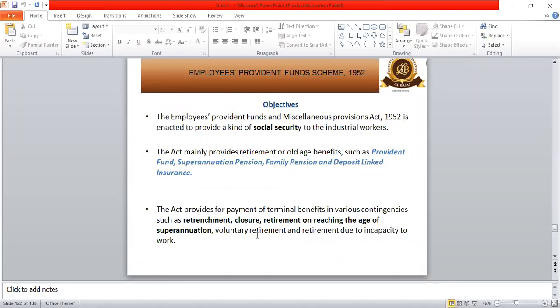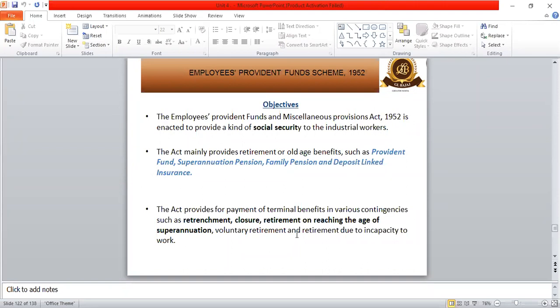So in that case, due to some financial crunch, you can take out money from the provident fund. Another reason is closure. In case the company where you were working has been closed, you don't have any option, you don't have a job, then also you can take out some money from that provident fund.